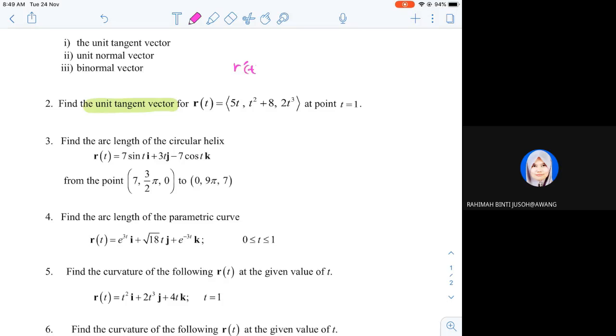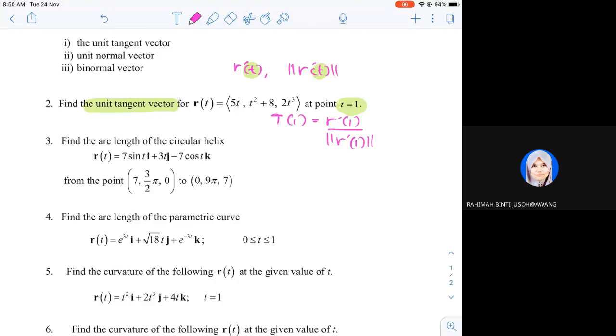And then you have to find the magnitude of r prime t. And after that you have to substitute the value of 1 into the values of t here and here. So T(1) is equals to r prime 1 divided by the magnitude of r prime 1, for this question.